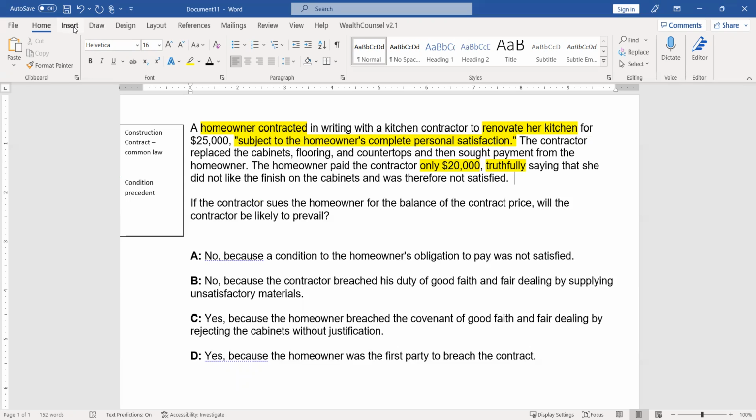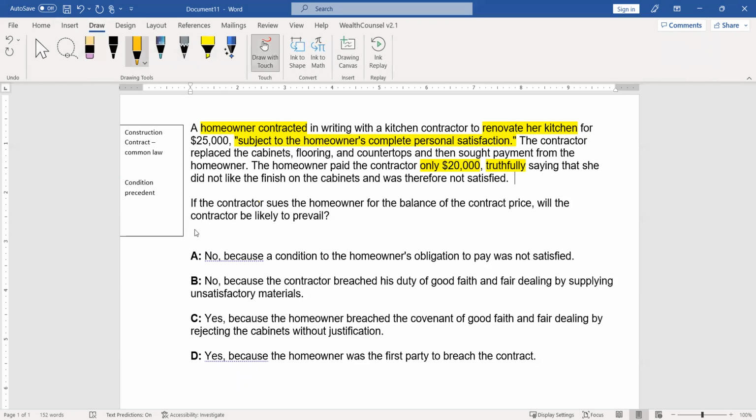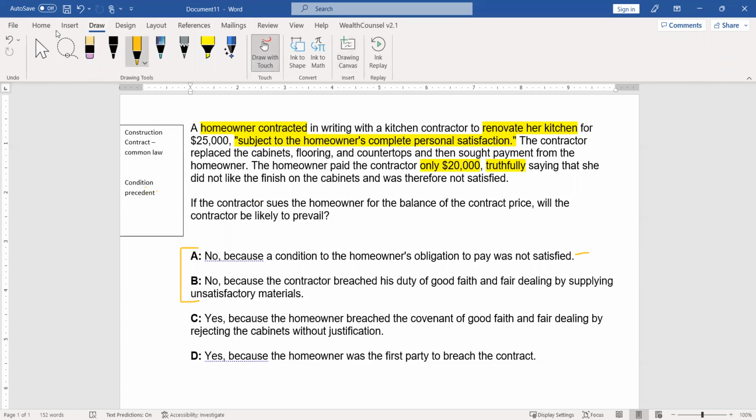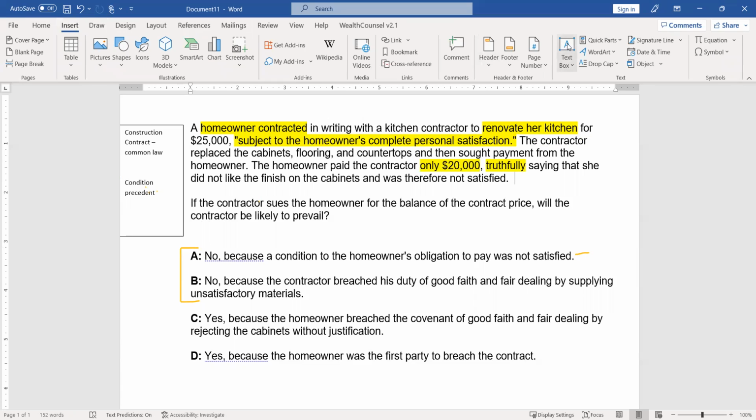So my bias would be that it is a no. And if you look at the no, then no, because a condition to pay was not satisfied. That's exactly our analysis. The condition precedent, you need to have it met before performance is required. So that looks like a pretty good answer.